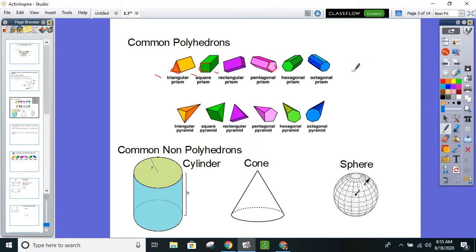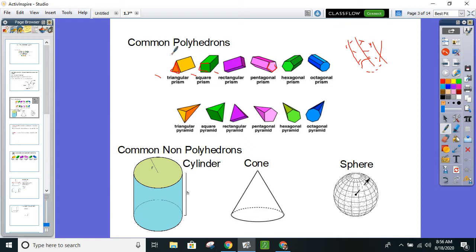If we have a 12-sided figure, that's a 12-sided prism, called a dodecagonal prism because a 12-sided figure is a dodecagon. Pyramids are named the same way: a triangular pyramid, a square pyramid, a rectangular pyramid, a pentagonal pyramid.